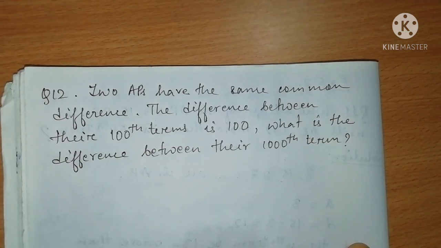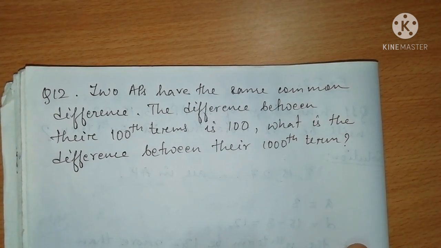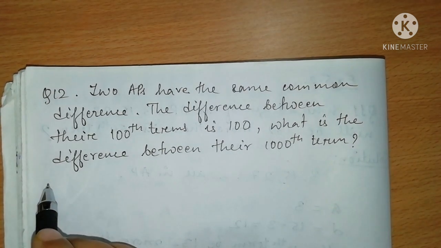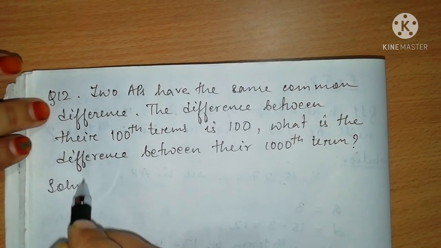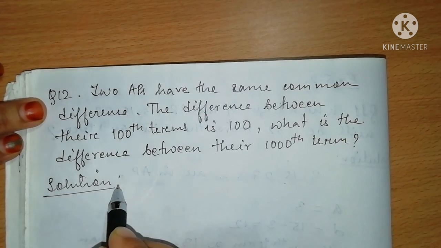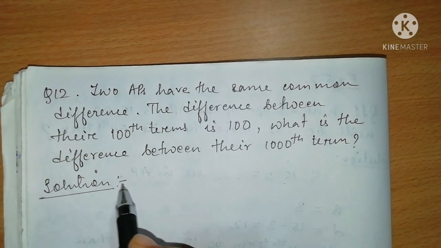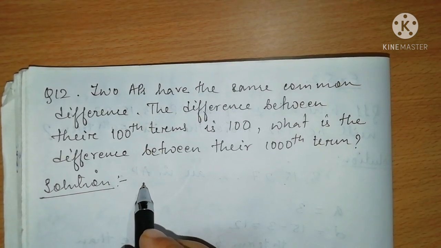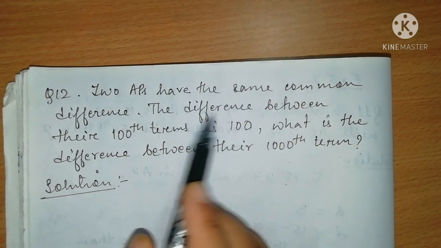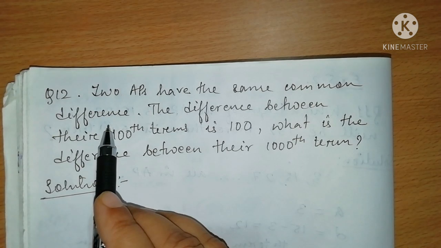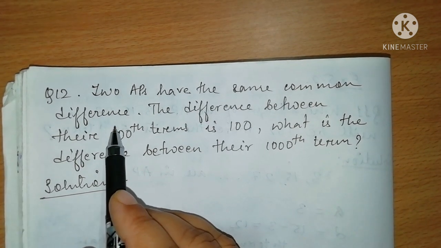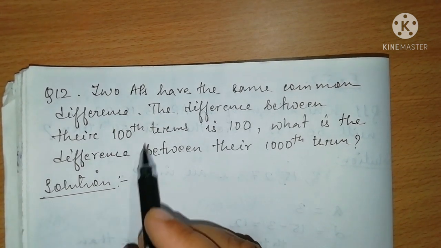The next question is: two APs have the same common difference. The difference between their 100th terms is 100. What is the difference between their 1000th terms? So in this question, the common difference is the same, but the first term is not the same.